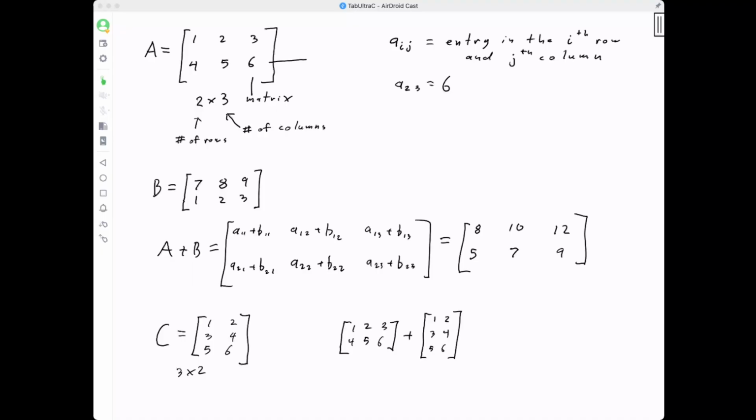And there aren't corresponding rows and columns. So there is no column that corresponds to the third column and no row that corresponds to the third row. So this does not exist. You cannot add together matrices that don't have compatible dimensions.